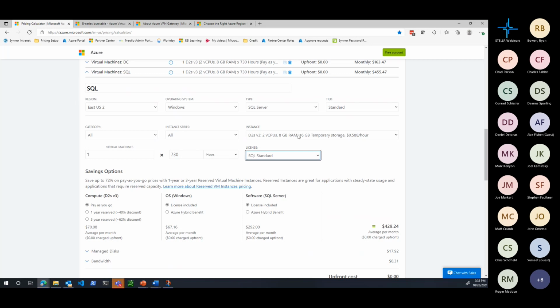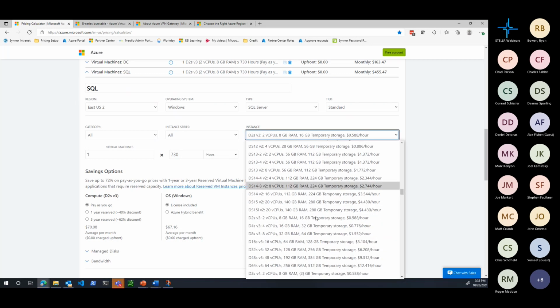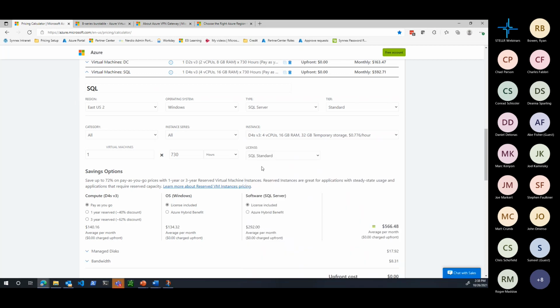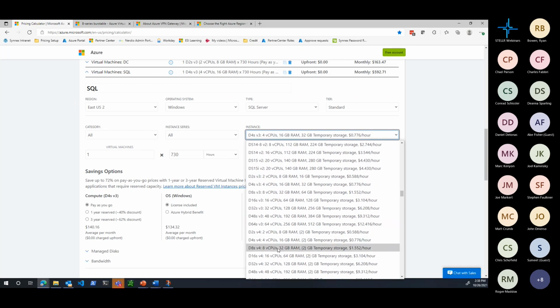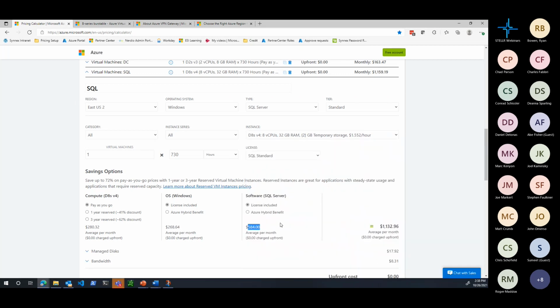And you will see as we go up in CPU counts, like there's a 4 CPU, now we go to 8 CPU, we can see that the licensing cost does change based on the CPUs that we use. So this is very important.